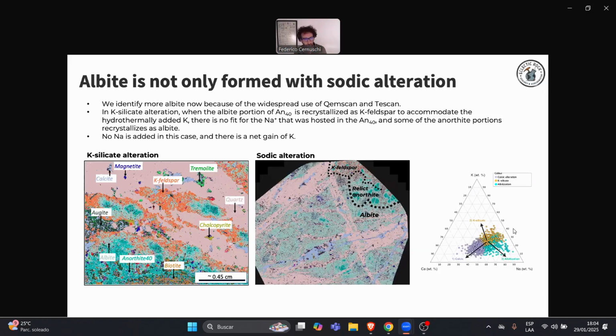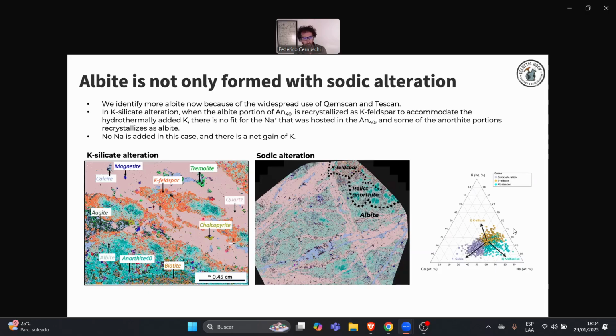But now that we have ChemScan, we're seeing albite in many places. This is our A veins with K feldspar halos in orange, and related to those A veins and K silicate alteration, where even the rock is gaining potassium and losing sodium, we see albite.